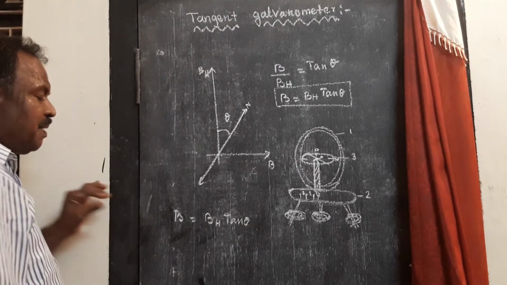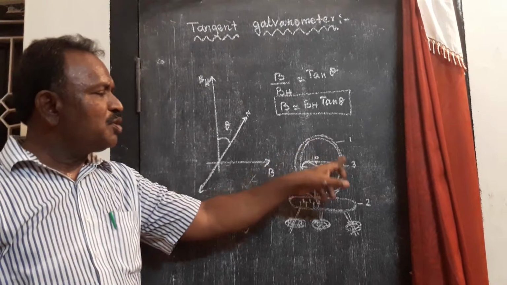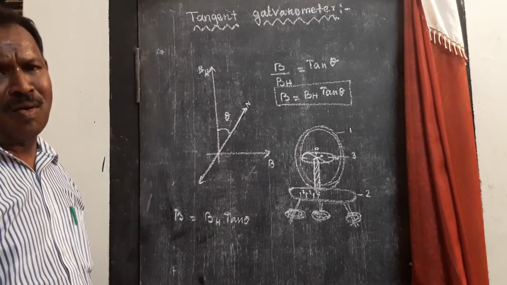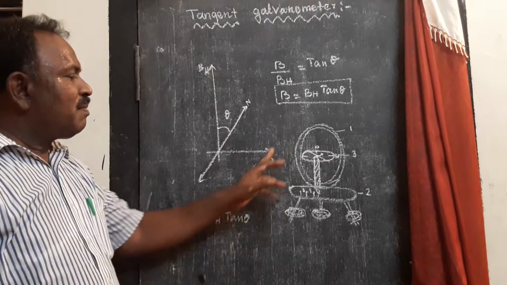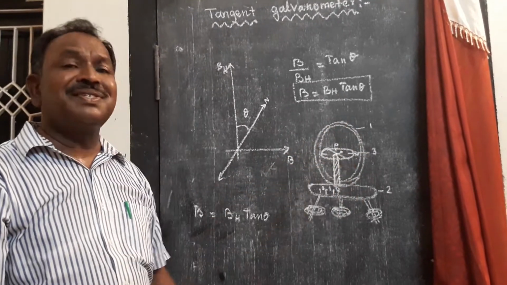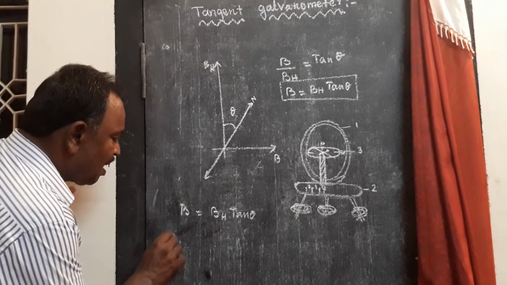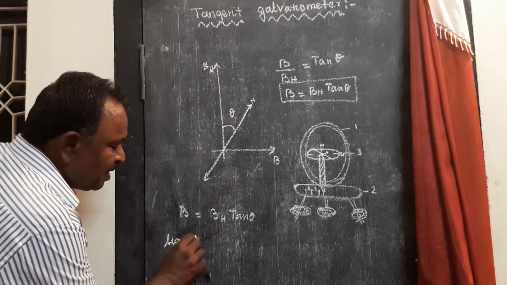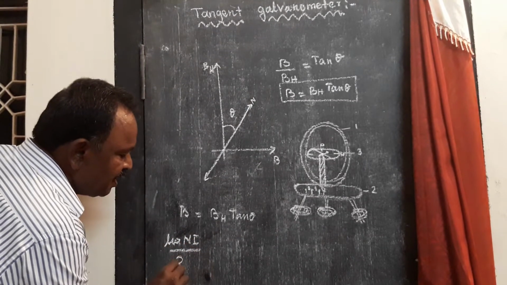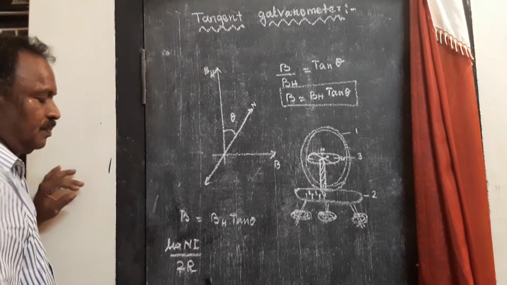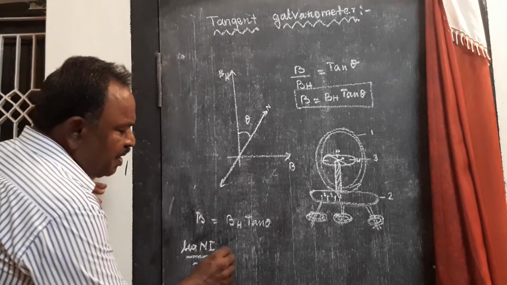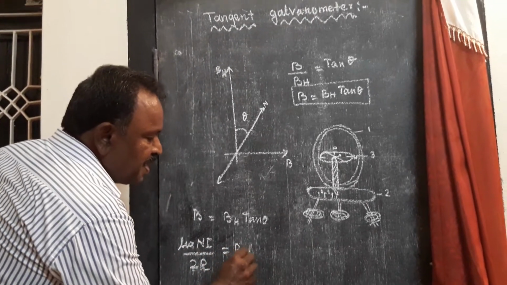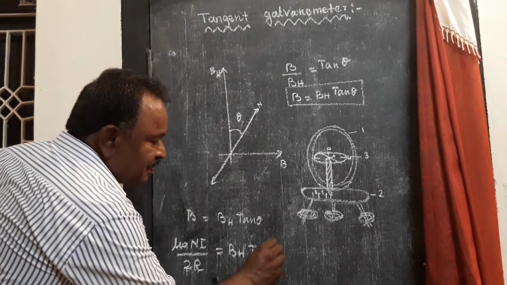Here, B is the magnetic field produced by the coil in the tangent galvanometer. The magnetic field produced by a coil at its center is given by the formula mu naught N I by 2R. So mu naught N I by 2R is equal to BH tan theta.